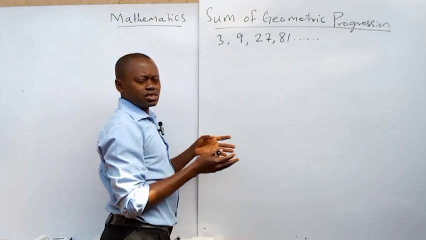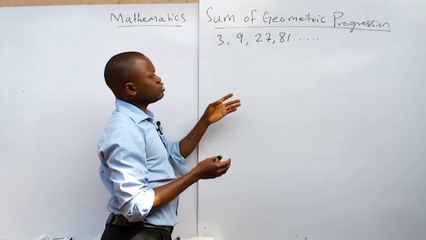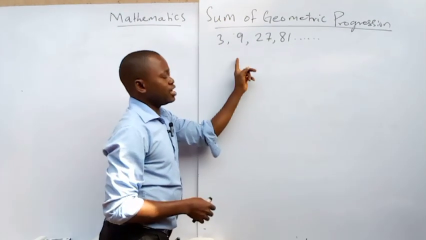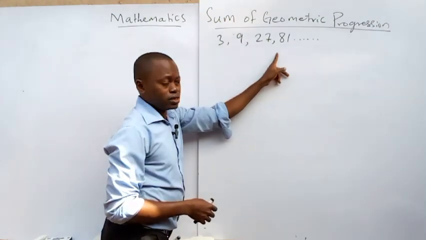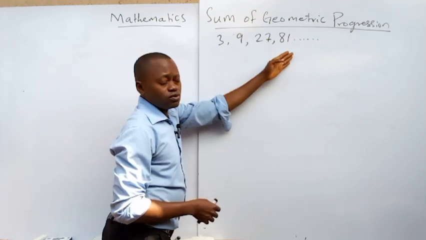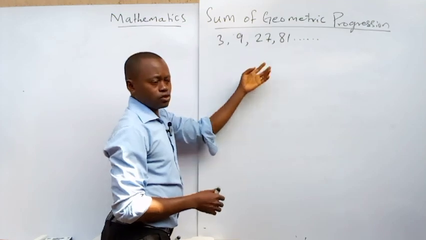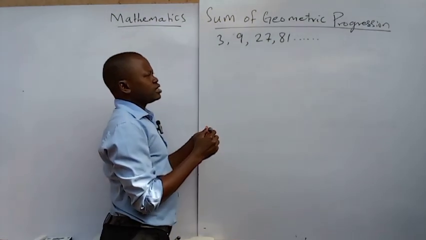Is there any mathematical expression that can help me do that, instead of looking for them one after the other using Tn equals AR raised to the power n minus 1? Is there any mathematical expression that can help me get it at once? Let's check out and see if there is something like that.